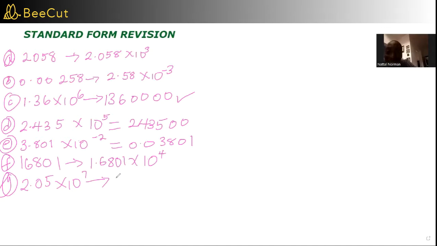It's 205, and then how many zeros now? 5. So 1, 2, 3, 4, 5. Because you have removed 2 steps, so you remove 2 from here, then add 5 zeros, and that is correct.